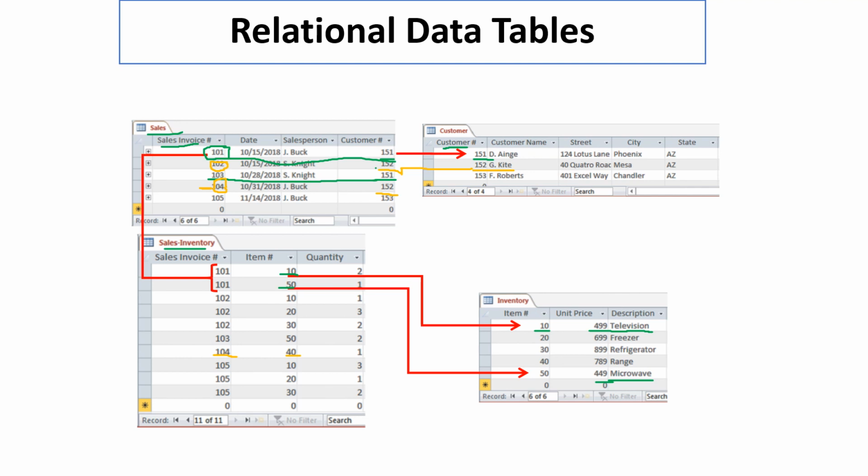If you go to check what item 40 is in the inventory table, it is orange. And the amount is 789, and so on. Okay, so that's how we explain it.